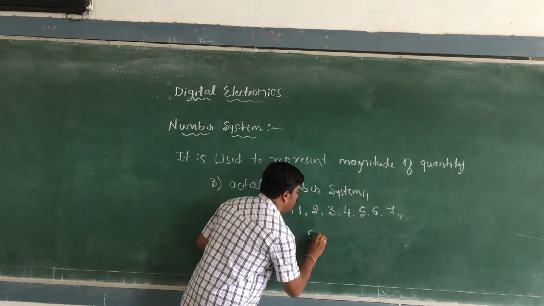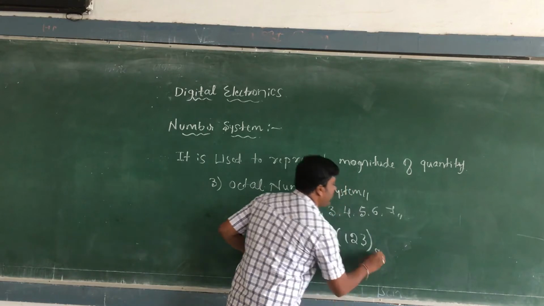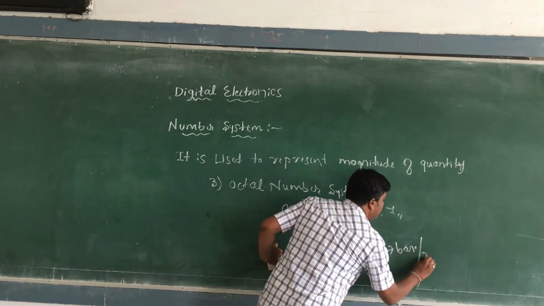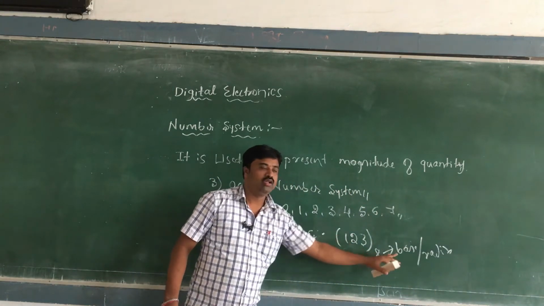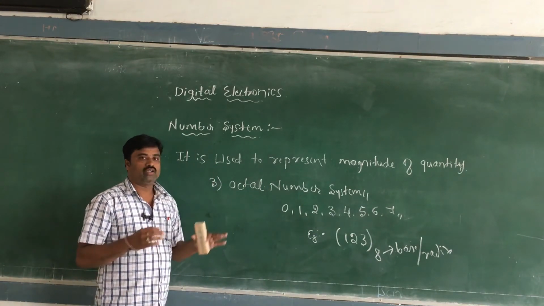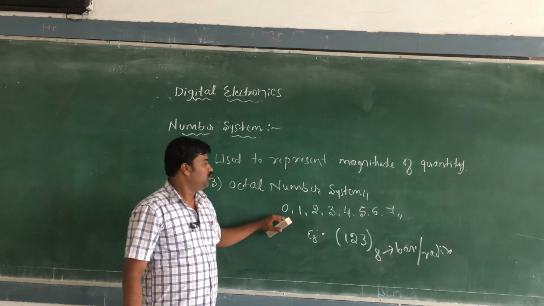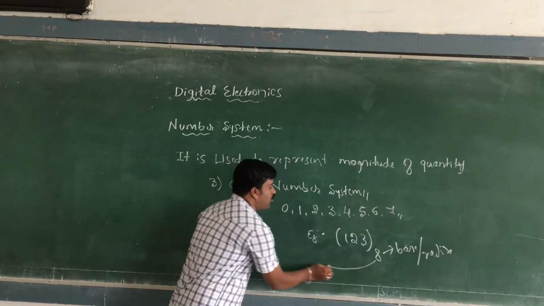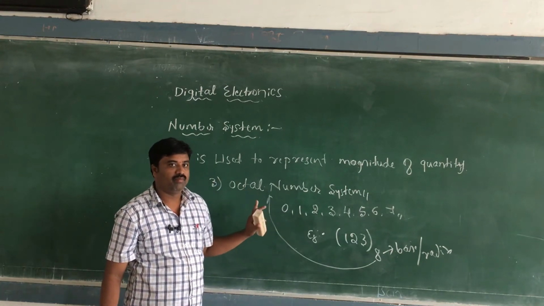For example, 123 to the base 8. 8 represents the base or radix value for the octal number system. It has 0 to 7 numbers and 8 is the base or radix value for this octal number system.